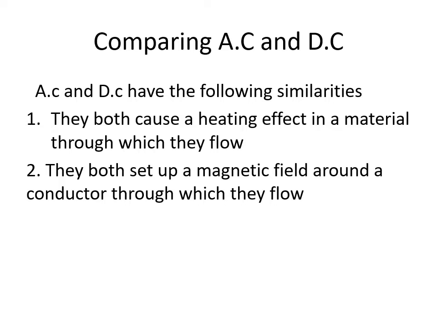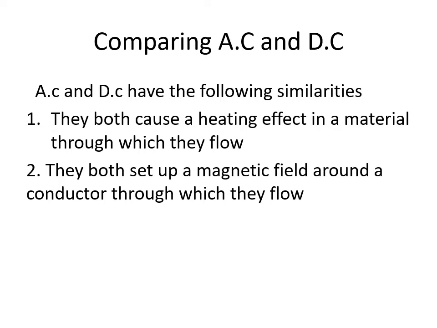We start by looking at the similarities. They both cause a heating effect in a material through which they flow. The next similarity: they both set up a magnetic field around a conductor through which they flow.